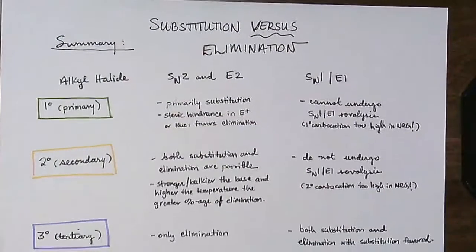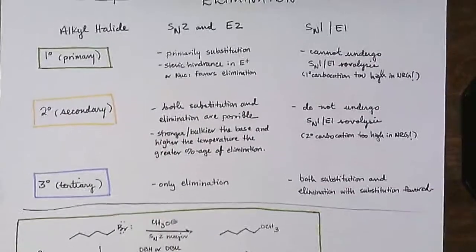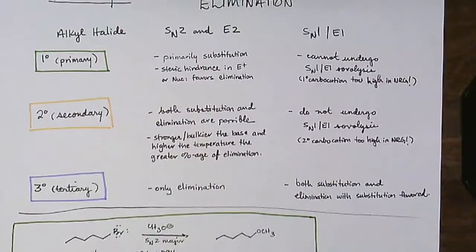So here's our summary: substitution versus elimination. Primary alkyl halides undergo primarily substitution reaction unless there is steric hindrance in the electrophile and/or the nucleophile, which would favor elimination. Remember, primary alkyl halides cannot undergo SN1 or E1. Secondary alkyl halides may undergo both substitution and elimination.